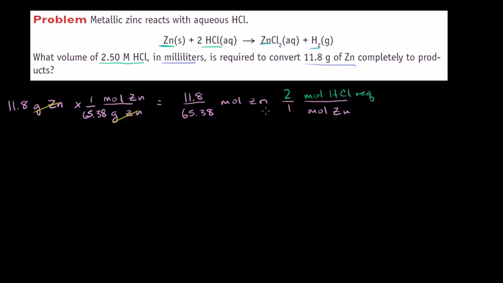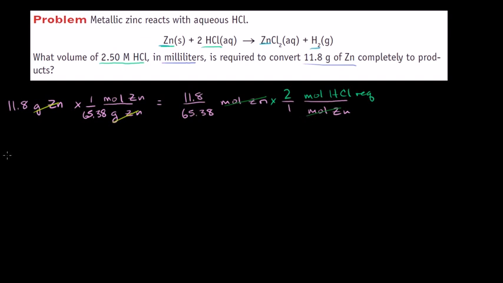That is required. And so then we can multiply the moles of zinc. The moles of zinc will cancel out with the moles of zinc. That's why I wrote 2 over 1 instead of 1 over 2. 2 moles of hydrochloric acid for every mole of zinc.